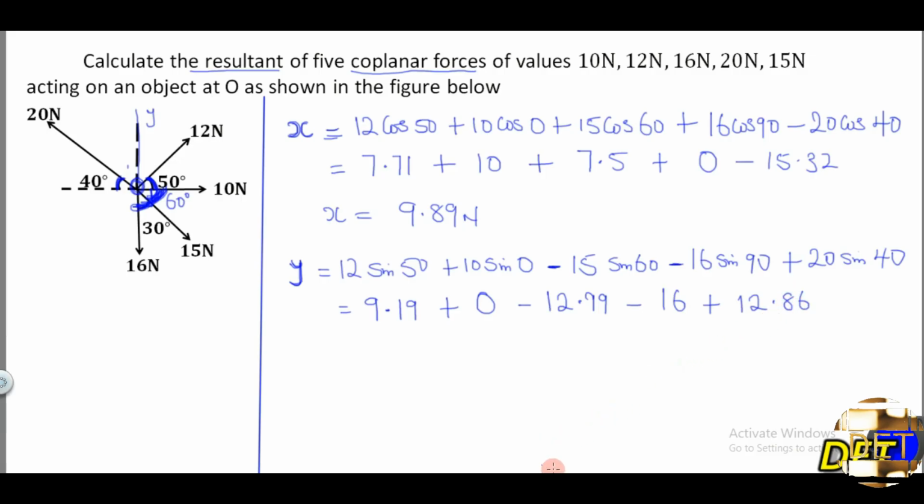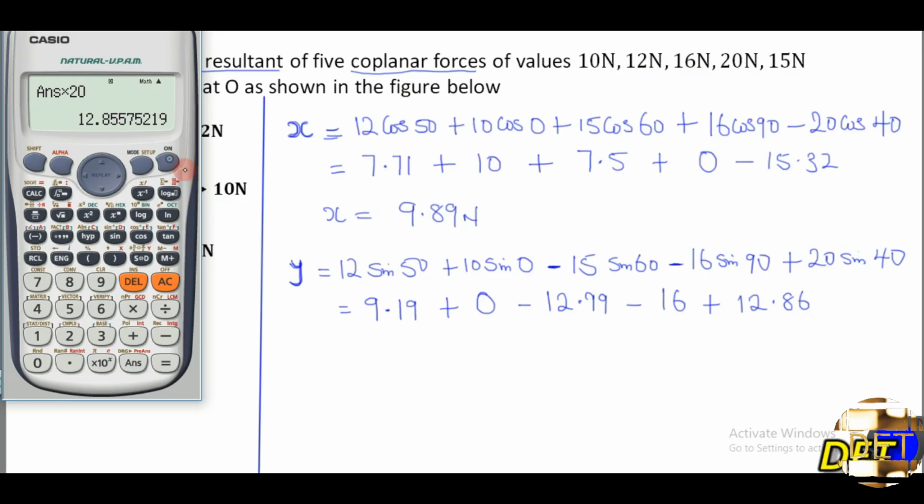So if I sum that up, that will give me 9.19 minus 12.99 minus 16 plus 12.86. So that will be equal to minus 6.94.